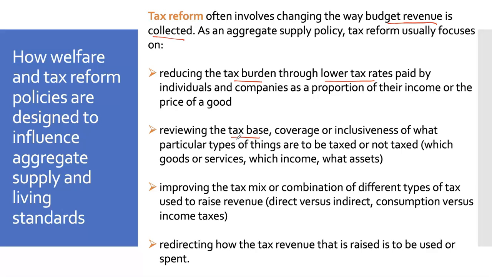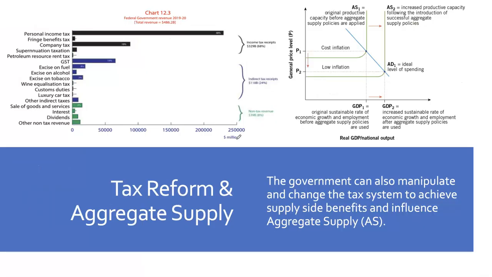But specifically, tax reform is all about changing the way the tax system works. And it's important because this is how the budget gets its revenue. So the government gets its taxes from lots of different ways.